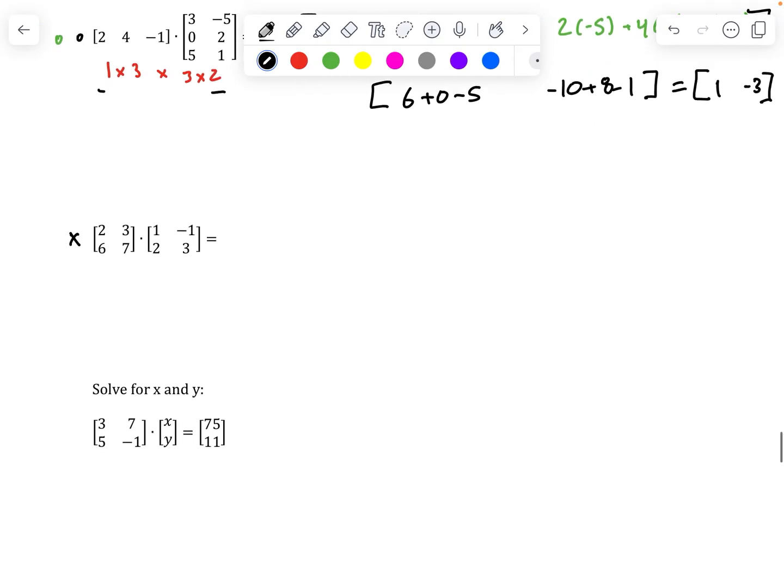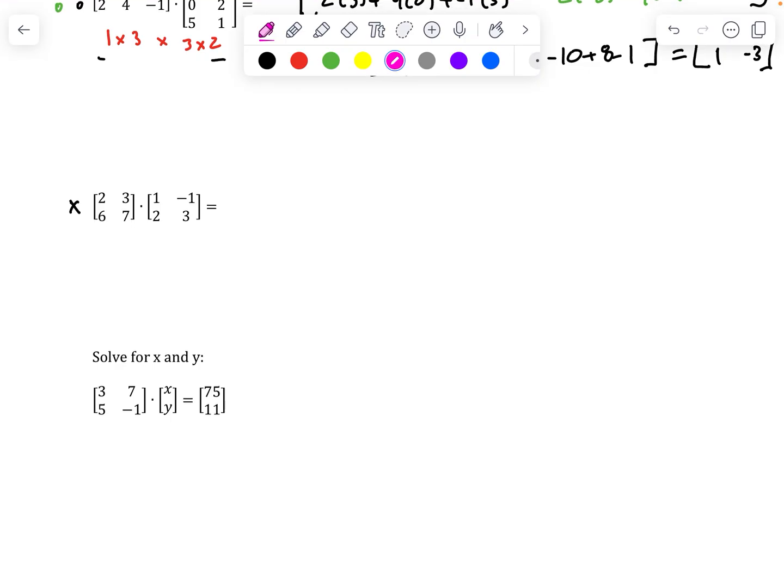Now let's look at this if it's got a variable involved. So again, I take a look here, and this is telling me something. What is it telling me? Well, it's saying my first row times my first column equals this.